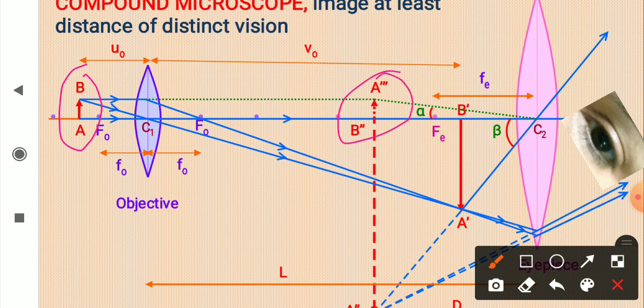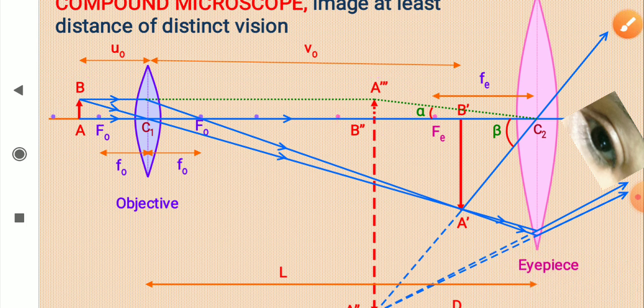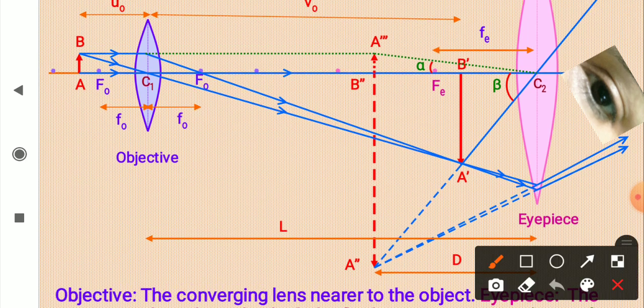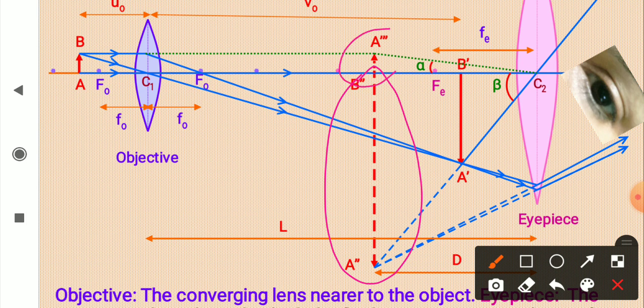Look at it. And the final image and object. The final image A double dash B double dash and an object size equal to this object are placed at one place at distance D from your eye.